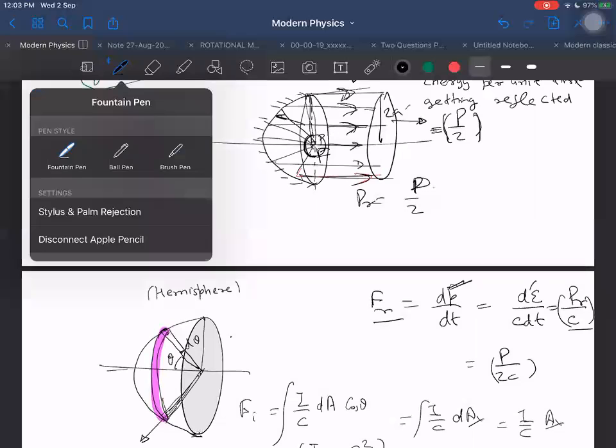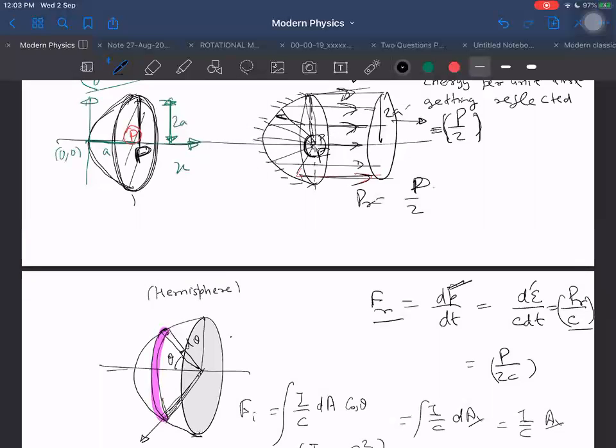Why so? Because the momentum incident per unit time along the x-axis on the parabola and on the hemisphere will be the same. Is it okay or not? Yes, sir.